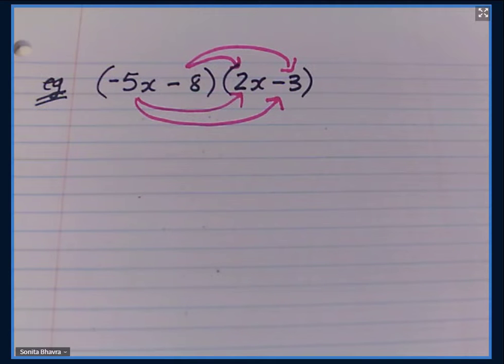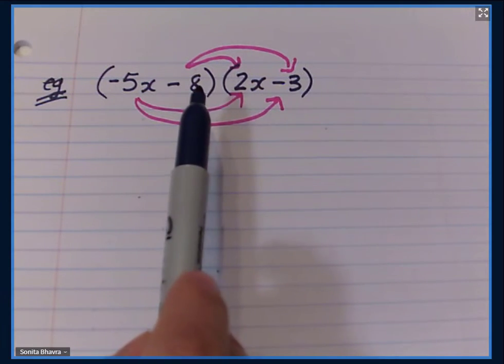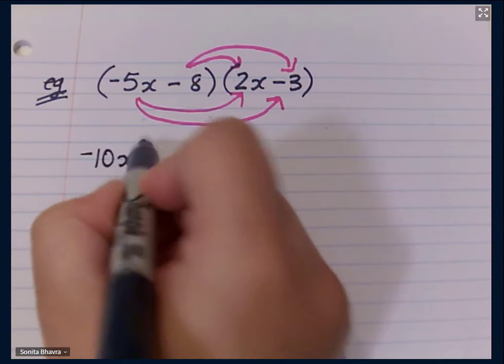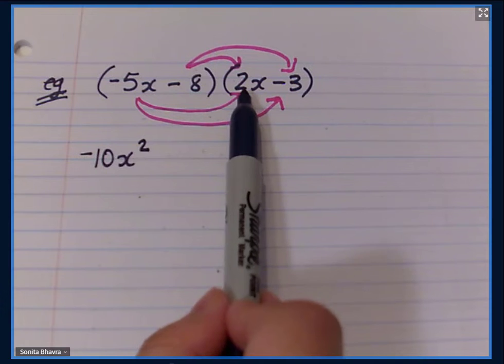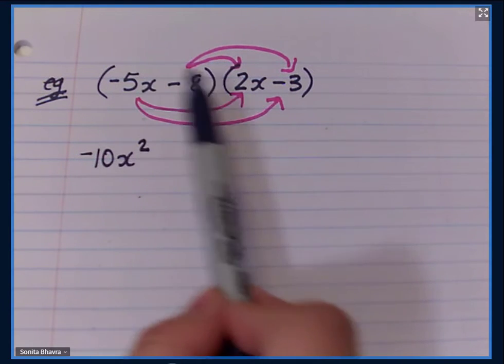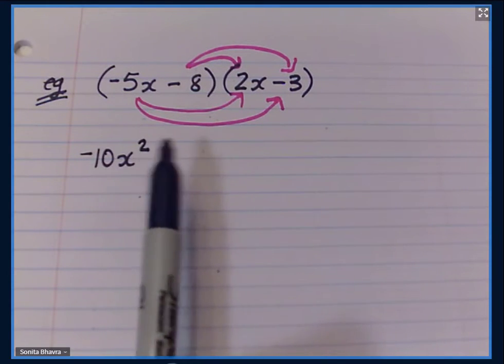All right, so let's multiply this out. So negative 5x times 2x. That's going to give me negative 10x squared. All right, so again, that was negative 5 times 2 gives me the negative 10. X times x, it's 1 and 1, add the exponents together, 1 plus 1 is 2.